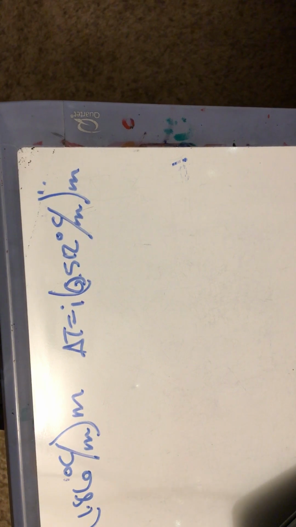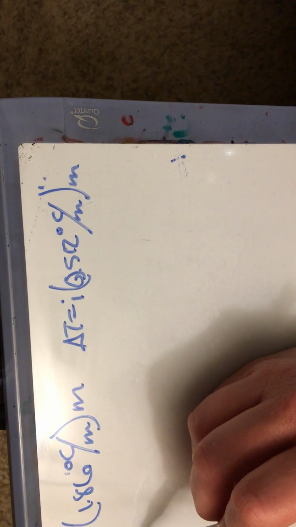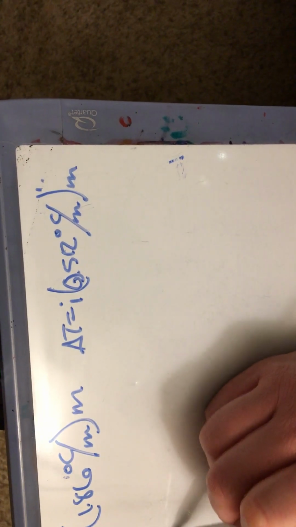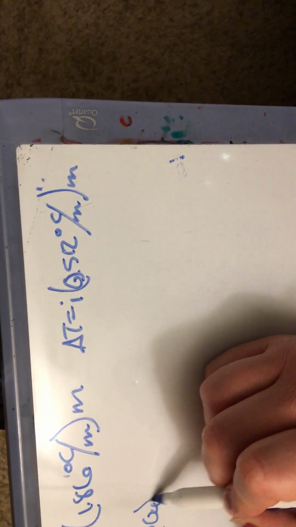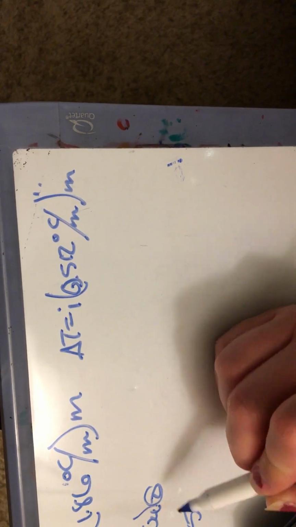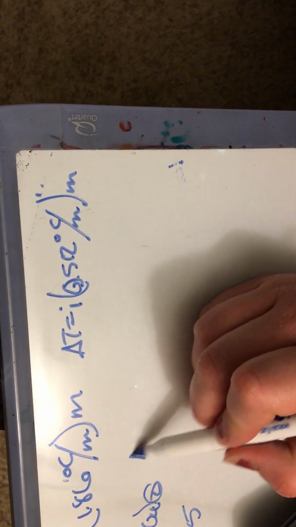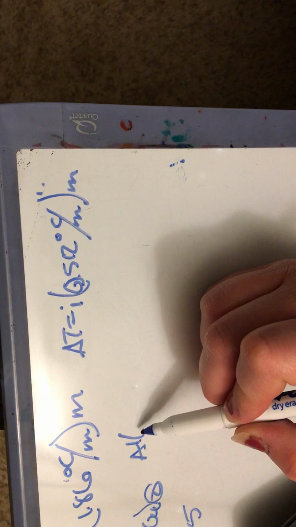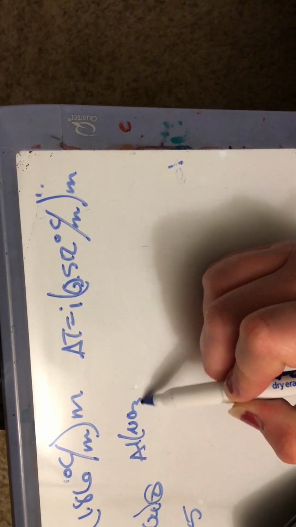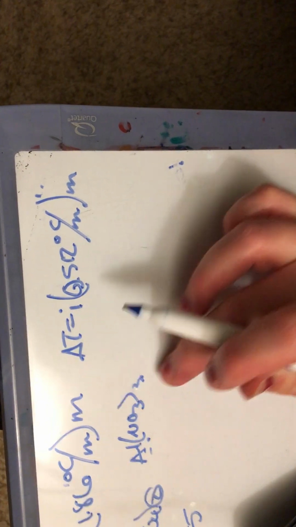So when you look at those, you got to look at Ca3(PO4)2. There's 3 and 2, so this is going to be 5. Aluminum nitrate. So there's 1 and 3.